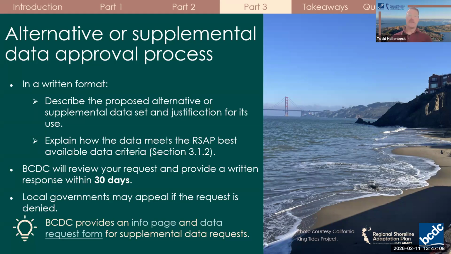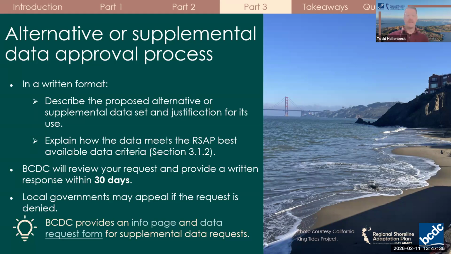For the purposes of the RSAP, best available data is evaluated based on criteria adapted from the Delta Stewardship Council's Delta Plan, including its relevance, inclusiveness, objectivity, transparency, accessibility, timeliness, peer review, and regional applicability. Our team will review the request and provide a written response within 30 days. If a request is denied, local governments may appeal that decision.